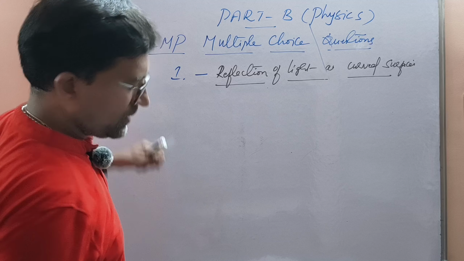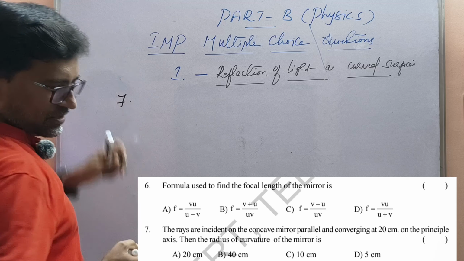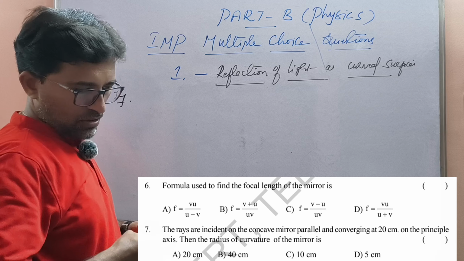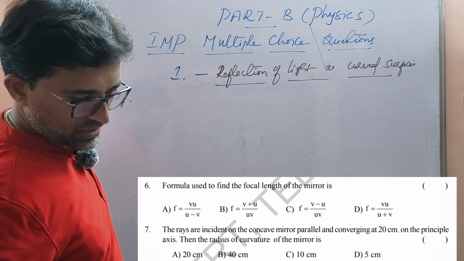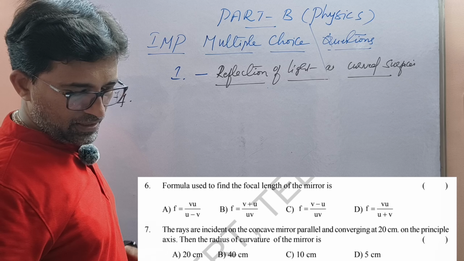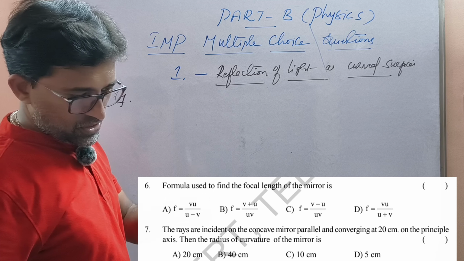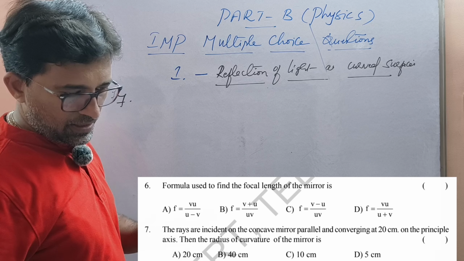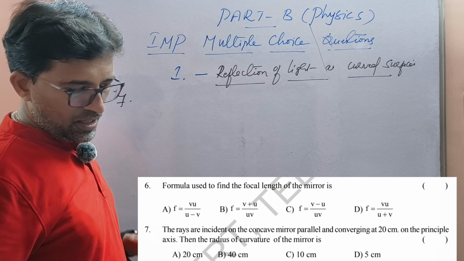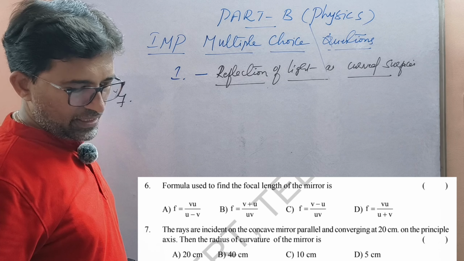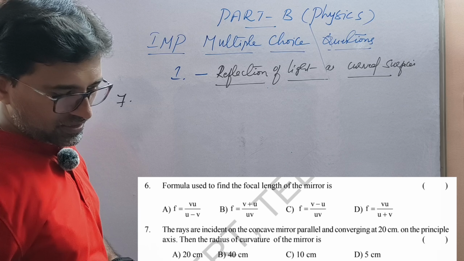The seventh bit part given in the Abhyasa Deepika important question part is: the rays are incident on the concave mirror parallel and converging at 20 centimeter on the principal axis. Then the radius of curvature of the mirror is, listen carefully.